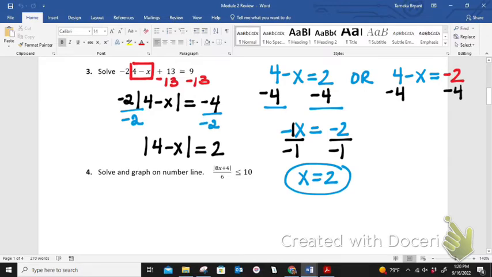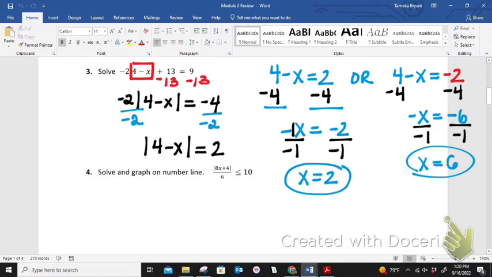So now we're subtracting 4 from -2. So -2 minus 4 is -6. And now we're dividing both sides by -1. So who got +6 for their second answer? And that would be your 2 solutions. That's it. x equals 2 and x equals 6. Any questions about number 3?